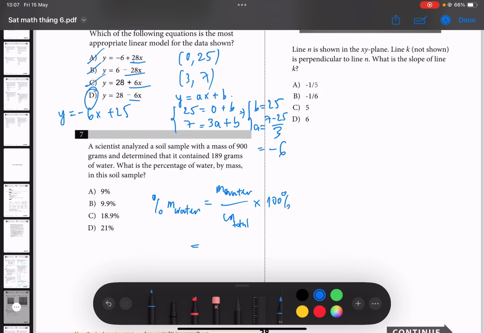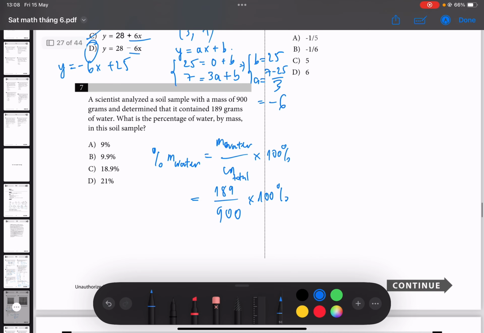The mass of water is 189 over the total mass of 900, multiplied by 100%, and it will give you 21%. So the answer is D.